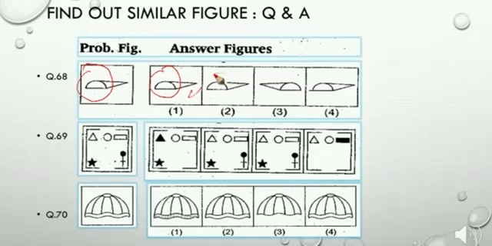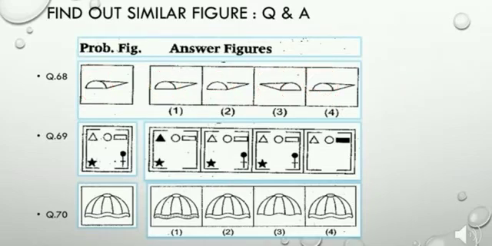This portion is available in option 2, but here this line is not meeting the semicircle, so this is ruled out. In option 3 this portion is not matching. In option 4 this portion is not matching because here this line is extra, so this option cannot be correct. So option 1 is the only option which is going to be the correct option.